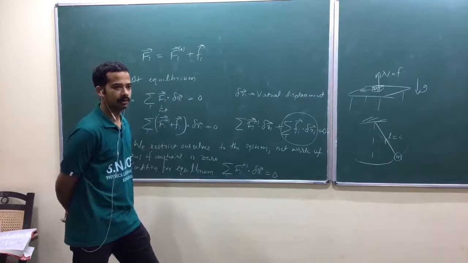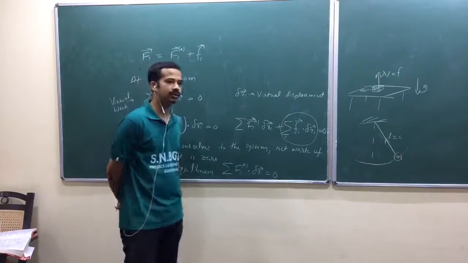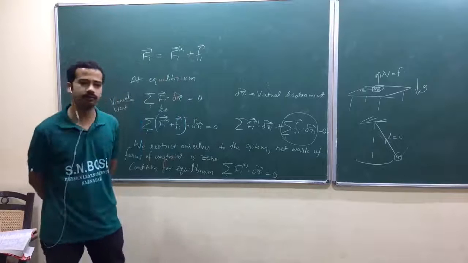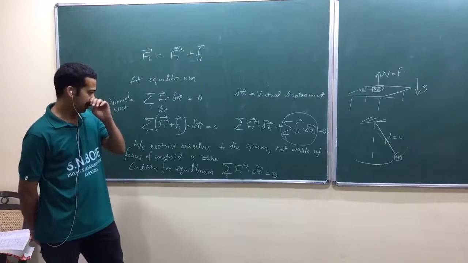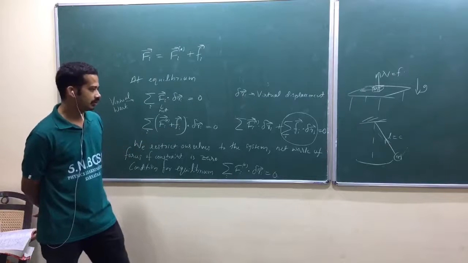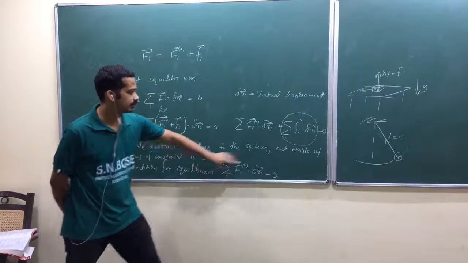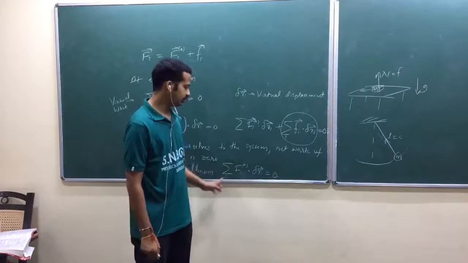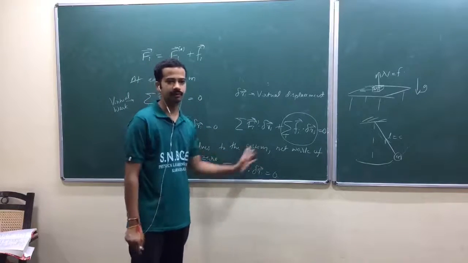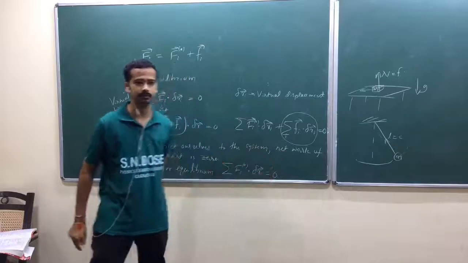If we start with Newton's second law, again you need to take care of all forces in that one, isn't it? Here we have a constraint, but now look at this equation: this part is avoided. Forces of constraint are not appearing in our equation of equilibrium.